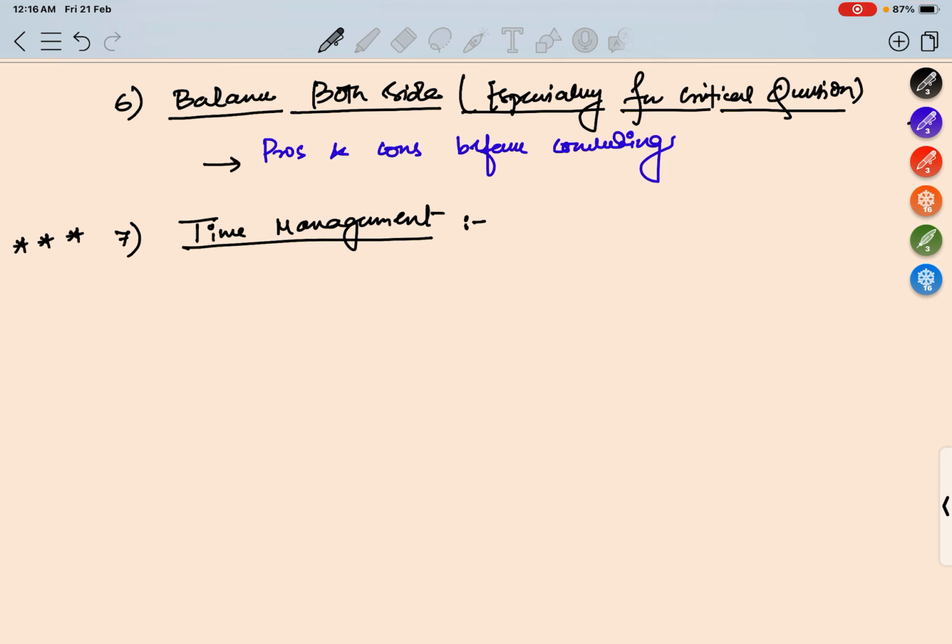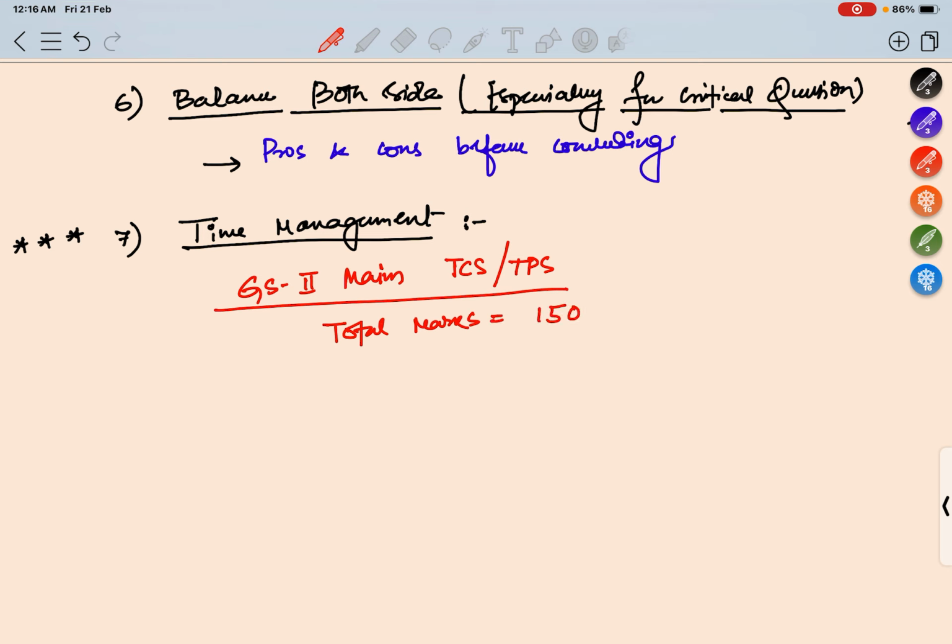Let me take the example of the GS2 paper, Mains, TCS, TPS. Total marks is 150. There are MCQ questions in both sections, 20 plus 10, 30 MCQ questions.